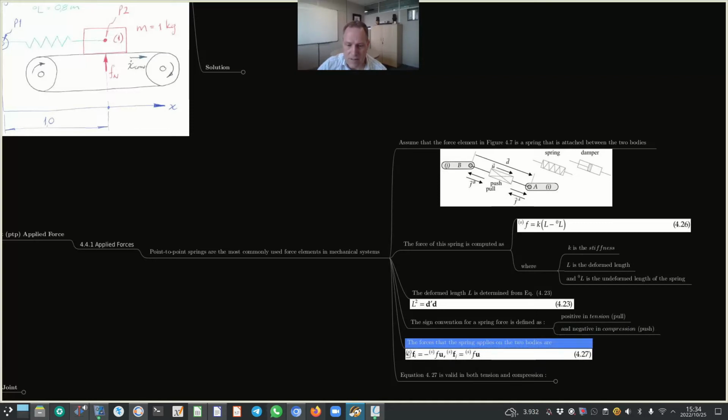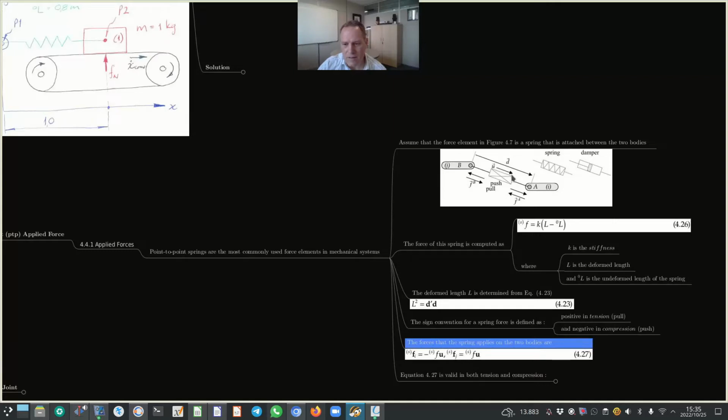Okay, so the spring force on body I equals the negative of the magnitude of the spring force multiplied by the unit vector u. Okay, now if we just consider this a little bit more in detail, the unit vector u is in the direction indicated here in figure 4.7.